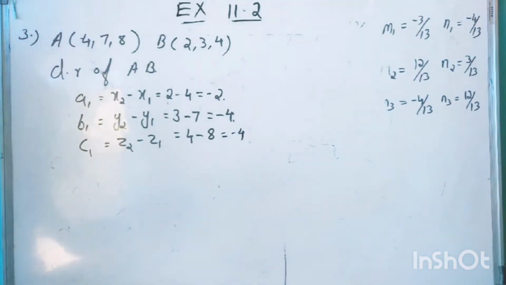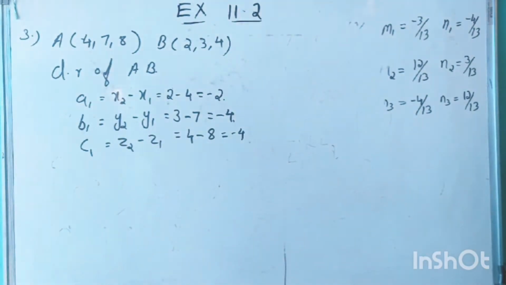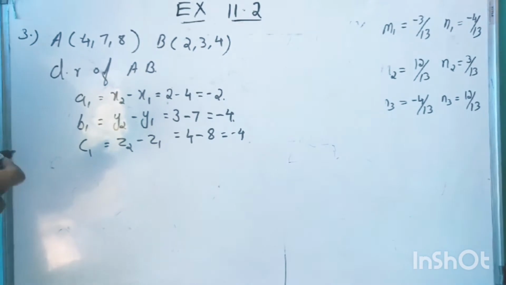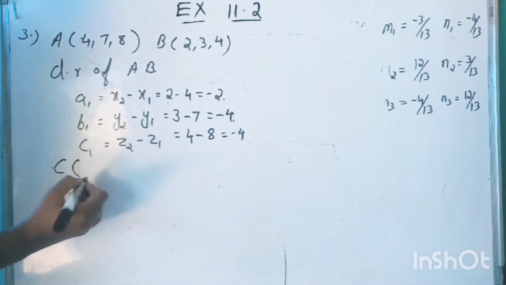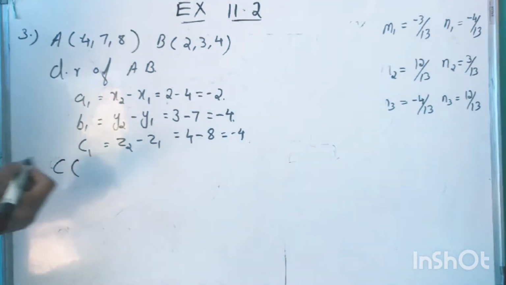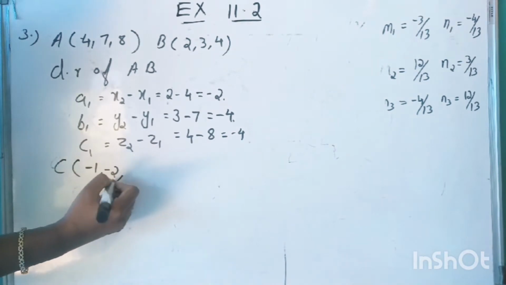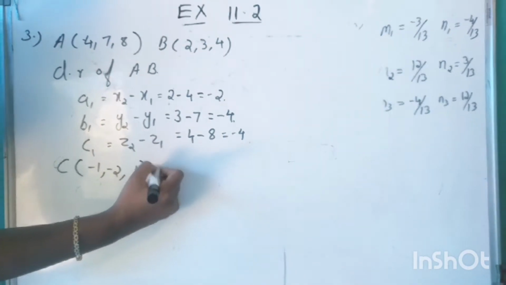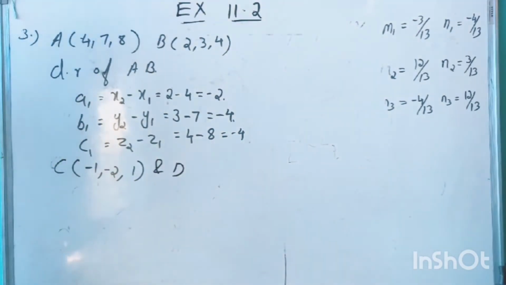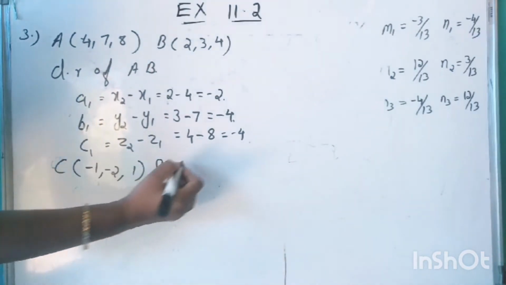So the direction ratios of the line AB are -2, -4, -4. Now consider the second set of points, C (-1, -2, 1) and D (1, 2, 5).